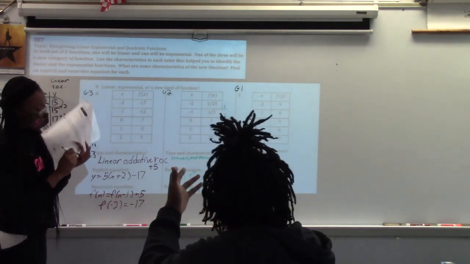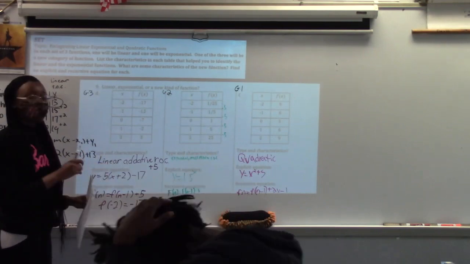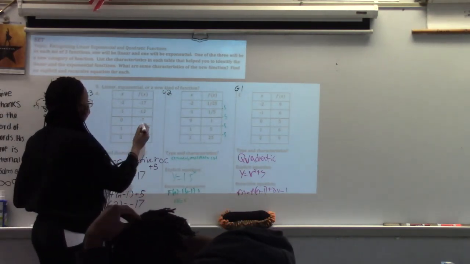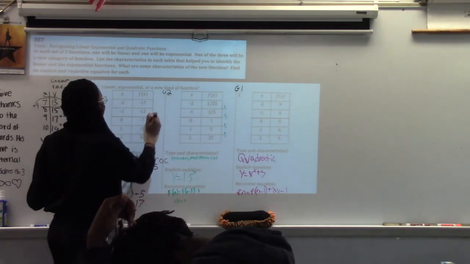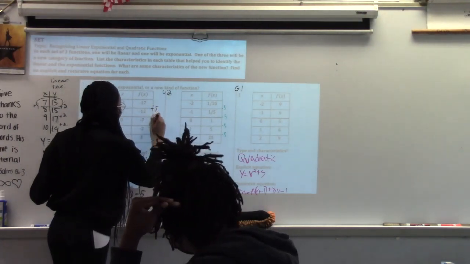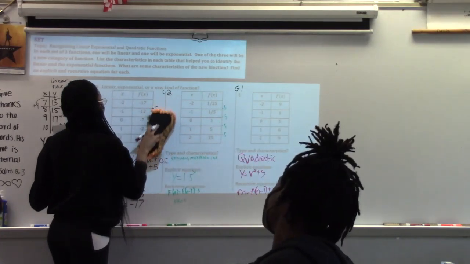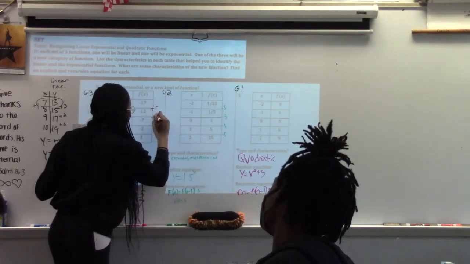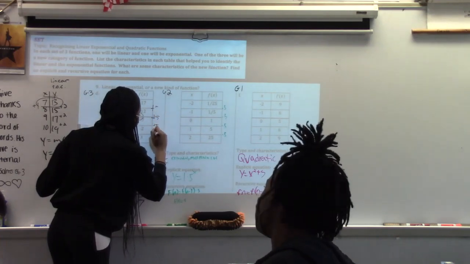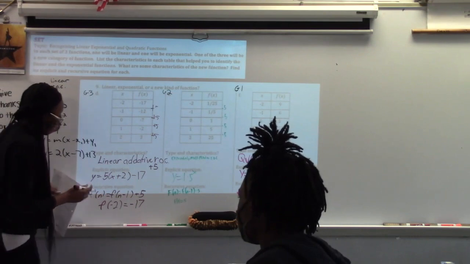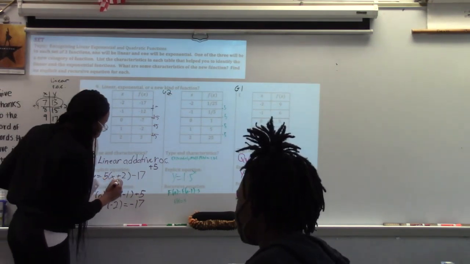Start us off. Okay, so we did D. So we got linear additive because it plus 5 each time. And for our explicit, we did y equals 5 and then x plus 2.